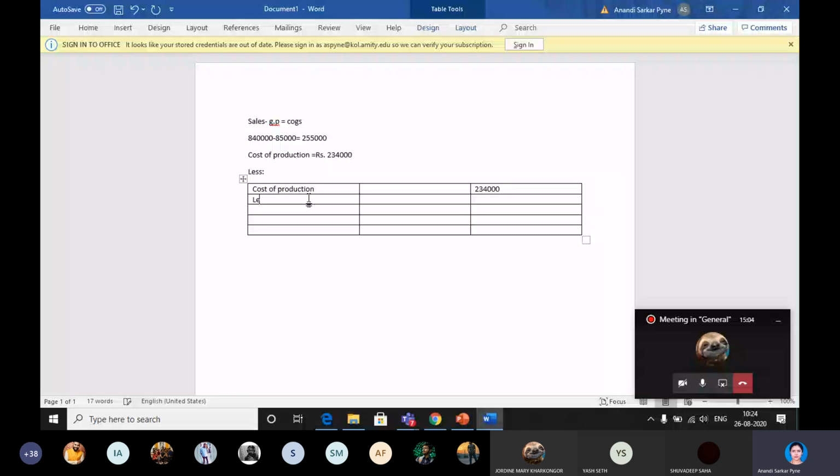Here we have raw material consumed. We have opening stock of raw material. We know raw material consumed is opening stock plus purchase less closing stock. That's what we will do.